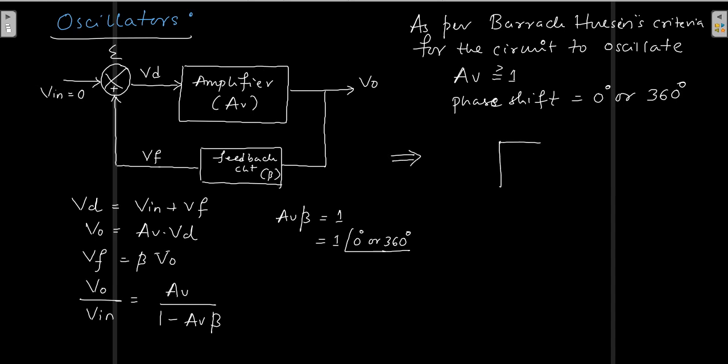So you may have the circuit representation something like this. This will be your amplifier, right, with a gain of AV. Then you have the output here.